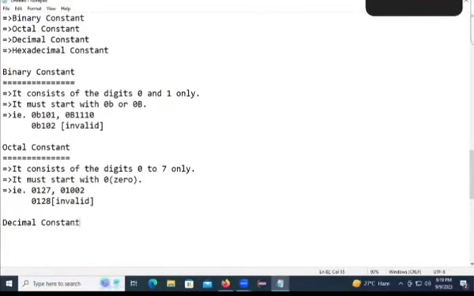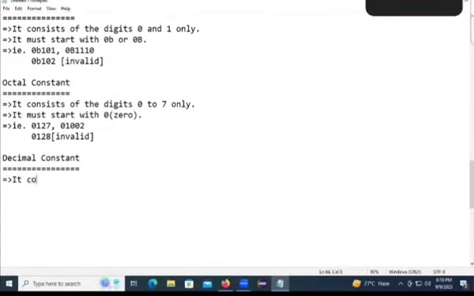Decimal constant. It consists of the digits 0 to 9 only. It must not start with 0. 0 is allowed, but not as the leading digit, because if it starts with 0, it will be treated as an octal value, not a decimal value.